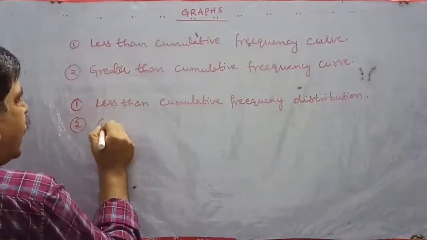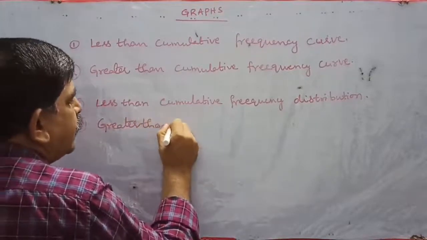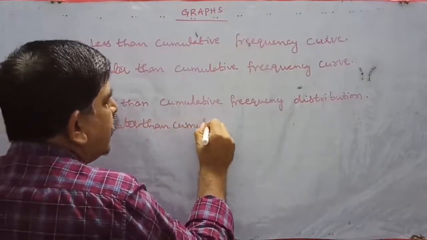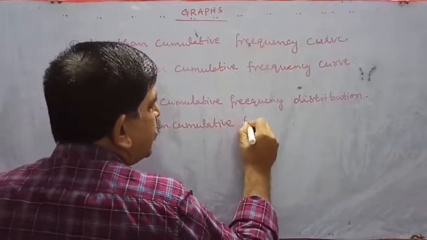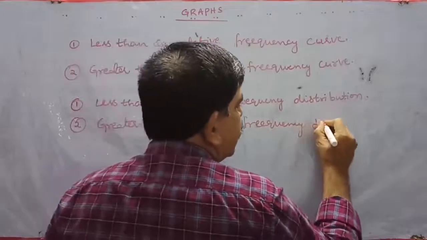Second one is greater than cumulative frequency distribution.